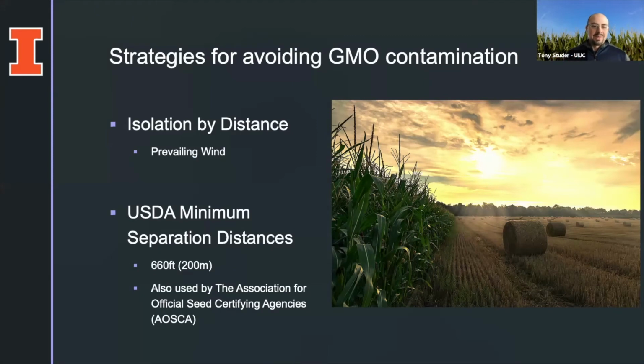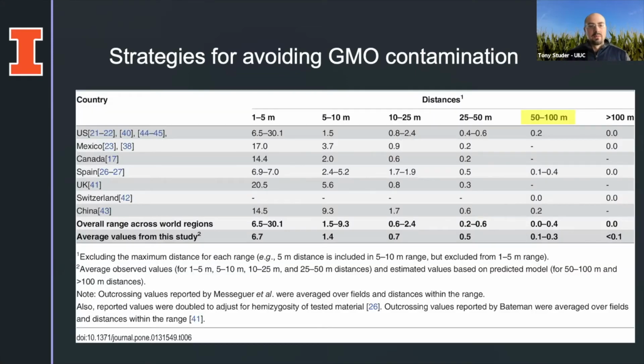However, 200 meters is a really long ways, and I know not everyone has that much space in between the neighbor's field and theirs. And so let's look a little bit at the data on what the distance actually practically is. So here's a table of a combination of over a dozen studies that have looked at percent pollen contamination from a neighboring field and then how close that pollen source is. And so I've highlighted a column over here.